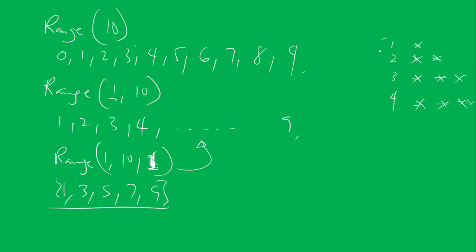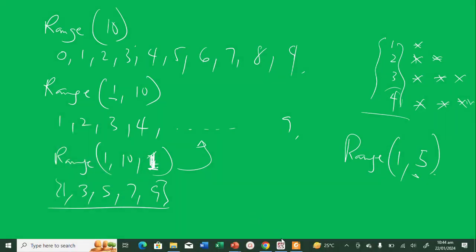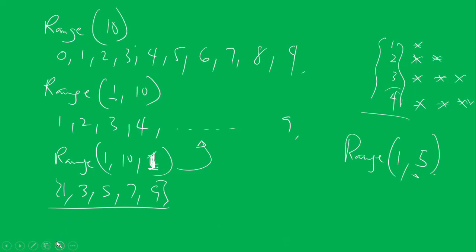In this case, the range will be 1 then 5, because it will stop at 4. So that is what we're going to do. Now let's go back to our environment.